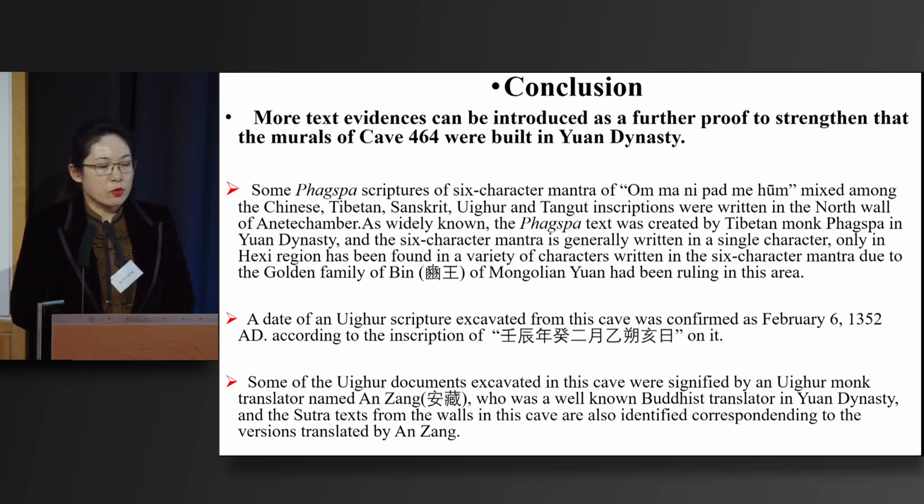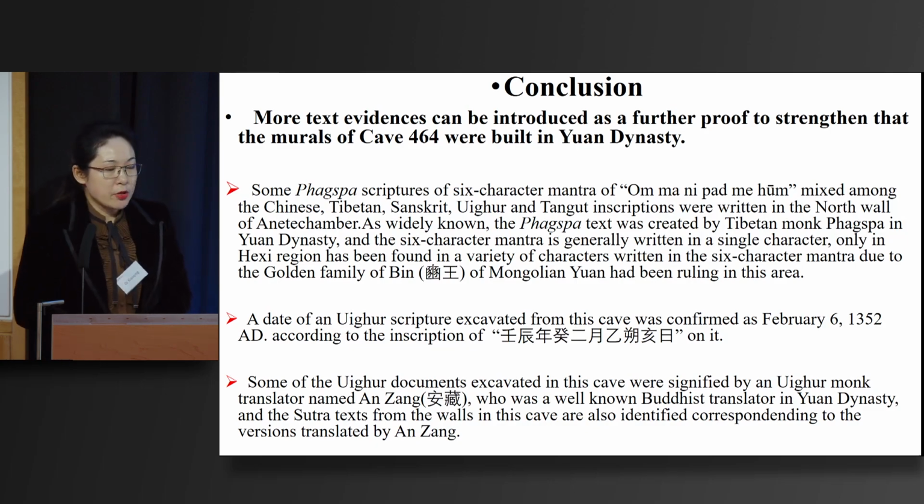Some of the Uyghur documents excavated in this cave were signed by an Uyghur monk translator named Anzang, who was a well-known Buddhist translator in the Yuan Dynasty, and the sutra texts from the walls in this cave are also identified as corresponding to the versions translated by Anzang.